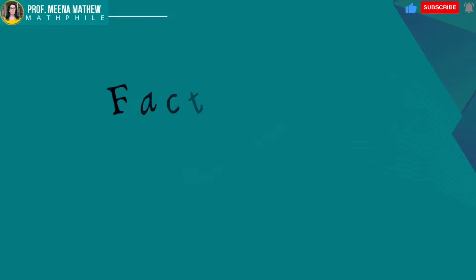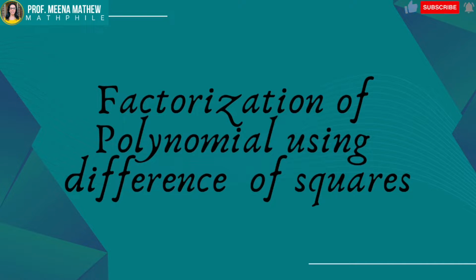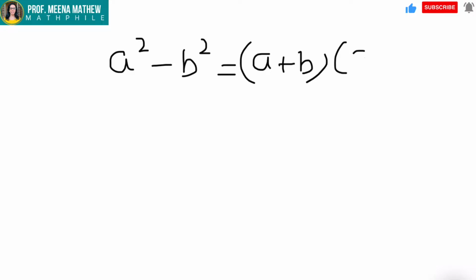In this video, I'm going to show you factorization of polynomial using difference of squares. We will use a formula: a square minus b square equals a plus b times a minus b.